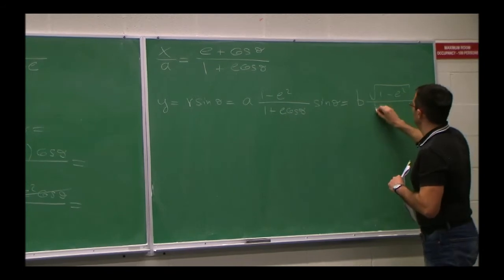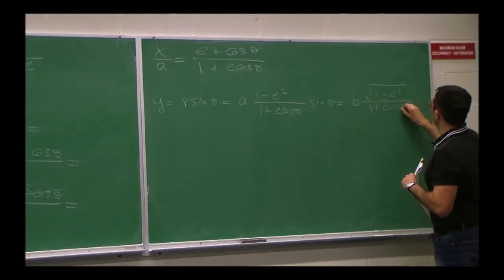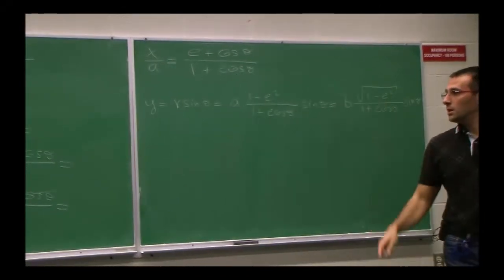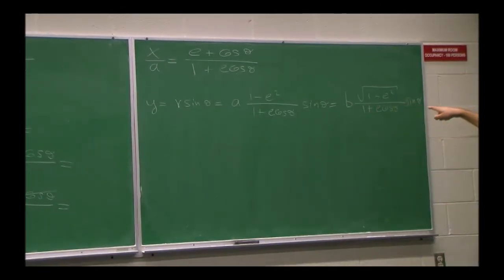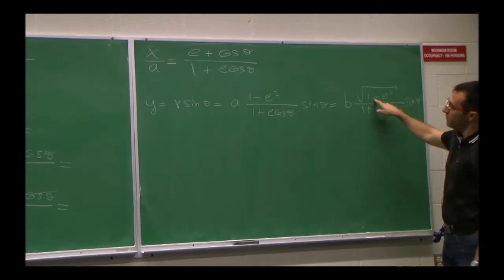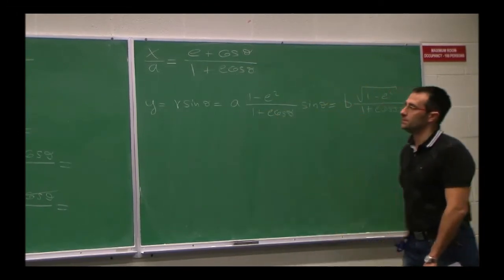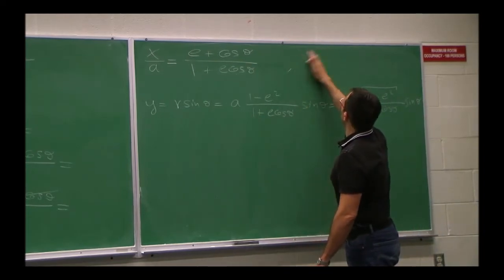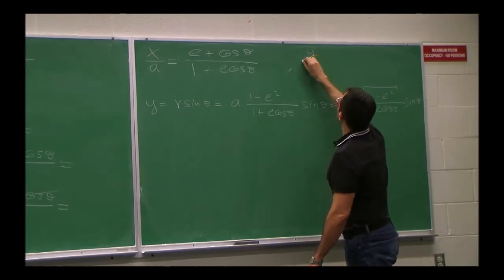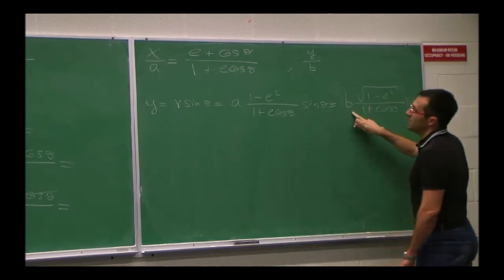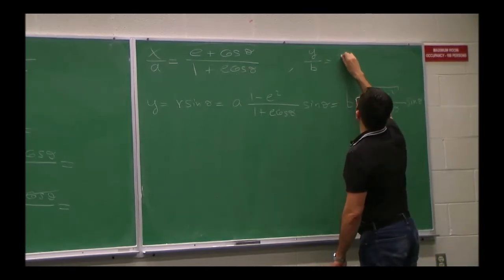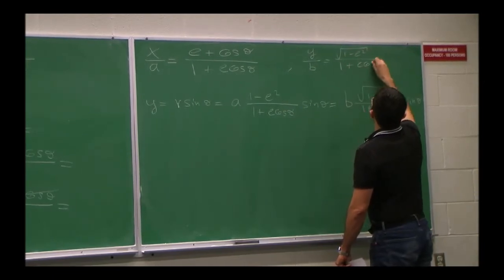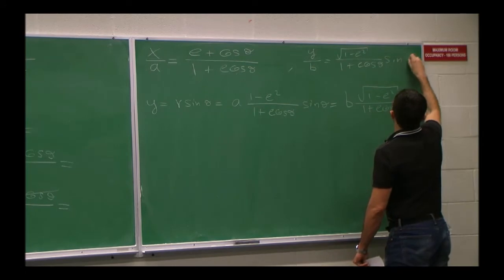Is that working? B is a square root of 1 minus e squared. If I have another square root of 1 minus e squared, that's what I get. Okay, so that works. And so that means that y over b, if I divide both sides by b, is the square root of 1 minus e squared over 1 plus e cosine of theta, sine of theta.